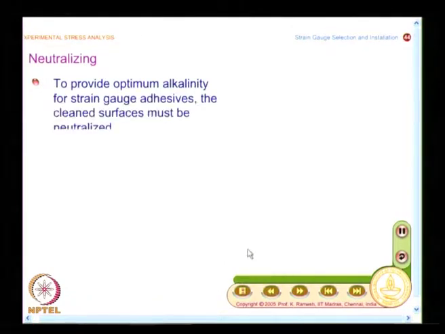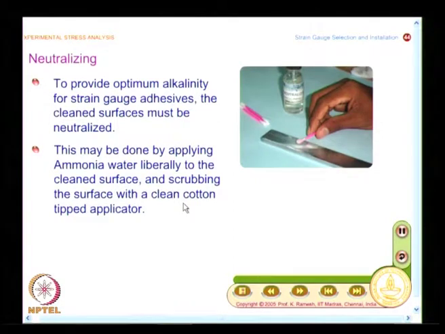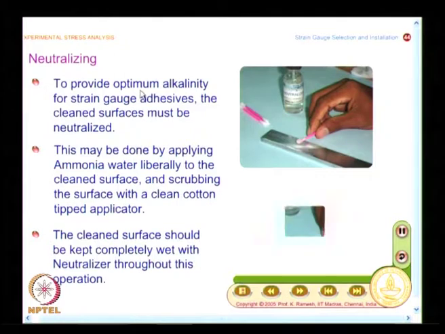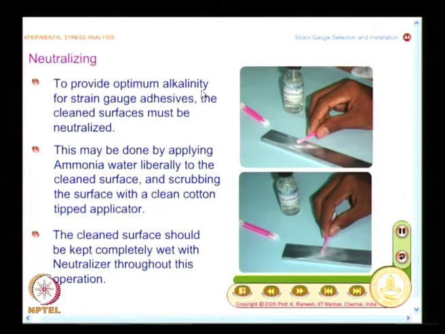Now, you have to do a neutralizing of the surface, and why do you do this? This is done to provide an optimum alkalinity of the surface, so that the strain gauge adhesive bonds perfectly on the surface, and this can be done by applying ammonia water liberally to the clean surface, and scrubbing the surface with a clean cotton tipped applicator.